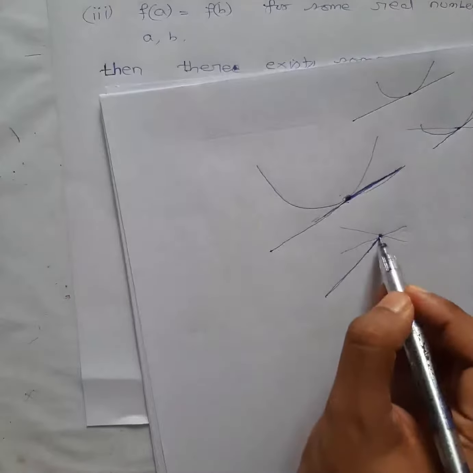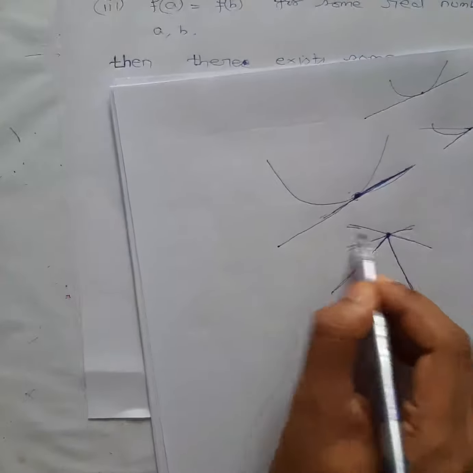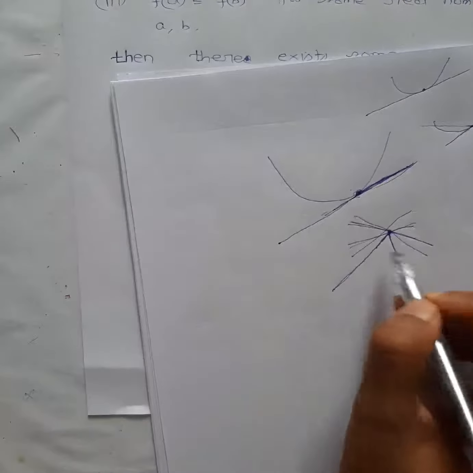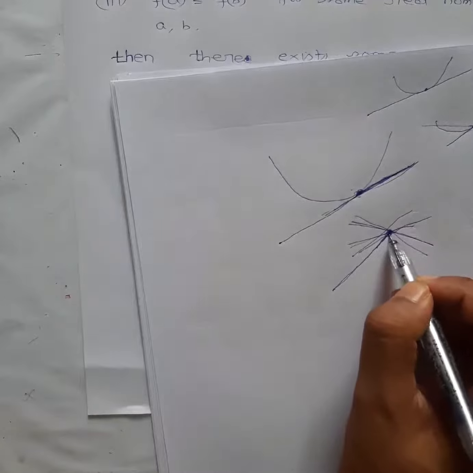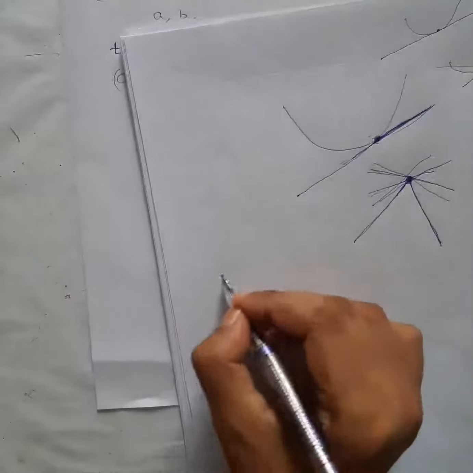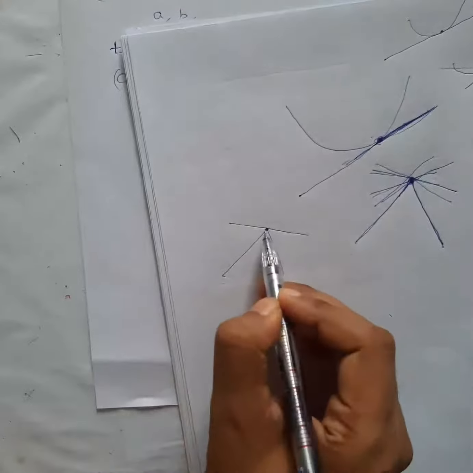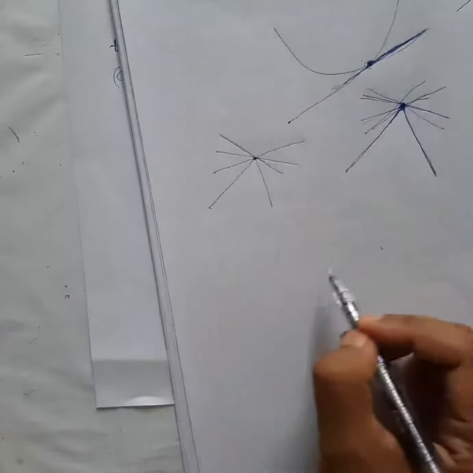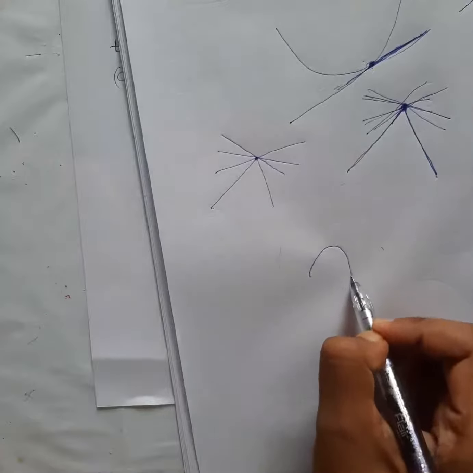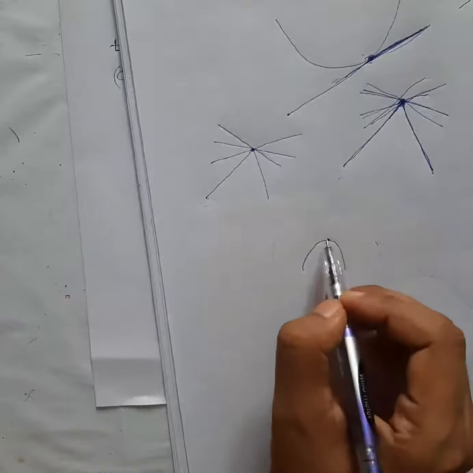Now see here, is it possible at this kind of point? Obviously no. Here you can draw many lines like this, so these cannot be considered a tangent, which means at this point we cannot draw a tangent. Okay, I hope you have understood. From any sharp point you can draw many lines touching only one point. But if you have a curve like this, from this point how many lines can you draw touching only this point?